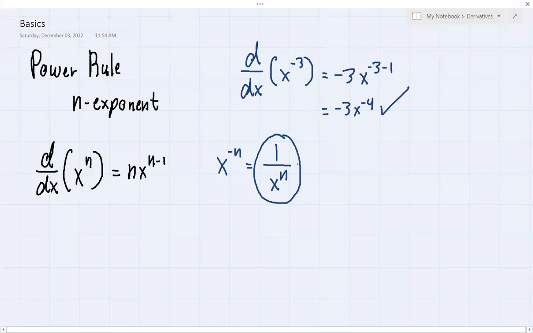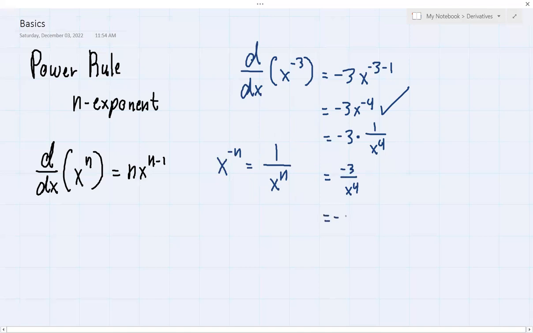1 all over x raised to n. So, we will have negative 3 times 1 all over x raised to 4. Ayan. Yan ang gagawin natin. So, ipag-multiply natin to, we will have negative 3 all over x raised to 4. Or, pwede nating ibaba yung negative sign sa gilid.